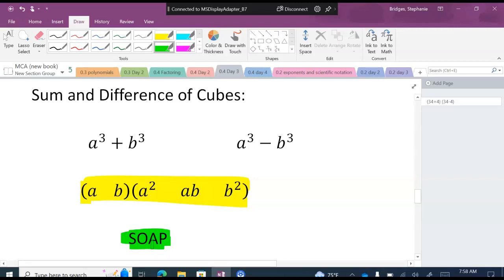In your first parenthesis, it is A and B. The second parenthesis is A squared, and then A times B, and then B squared. And just realize that I left spaces for our signs, and we will talk about how to fill in those signs using the word SOAP in just a minute.